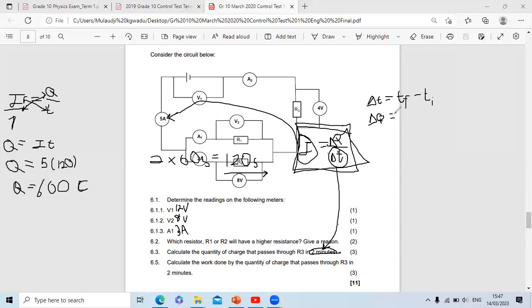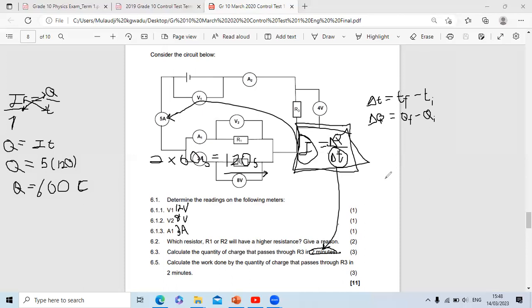So delta q is going to be q final minus q initial. But the reason we don't usually write it like this is because usually the initial is 0. So that's why we just write q over t.